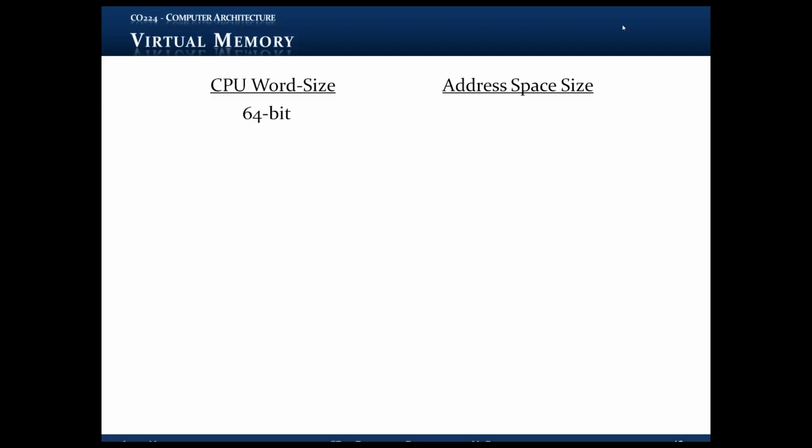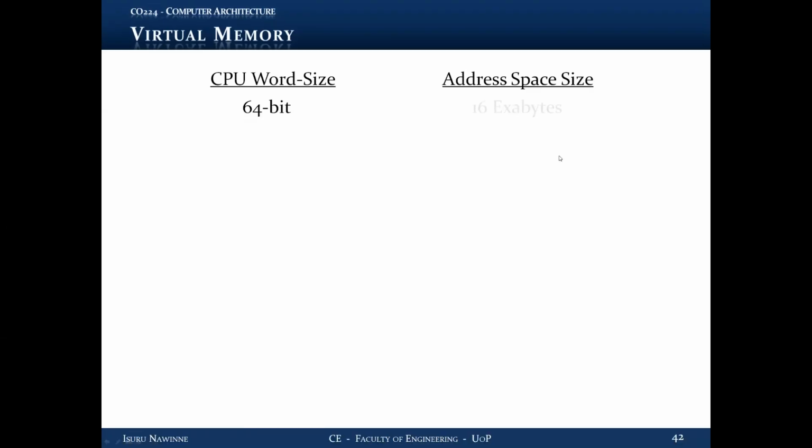It's 2 to the power 64 bytes, not bits. Each 64-bit address the CPU generates refers to an individual byte in memory, and the maximum number of bytes the CPU can address is 2 to the power 64 different addresses.